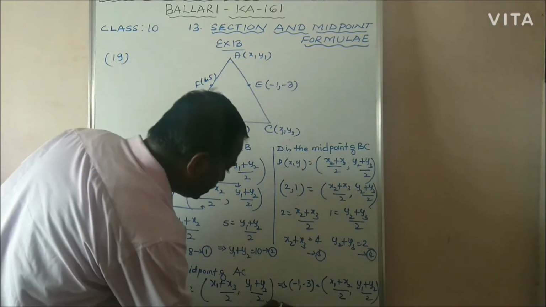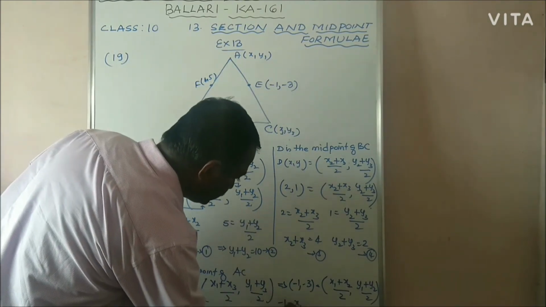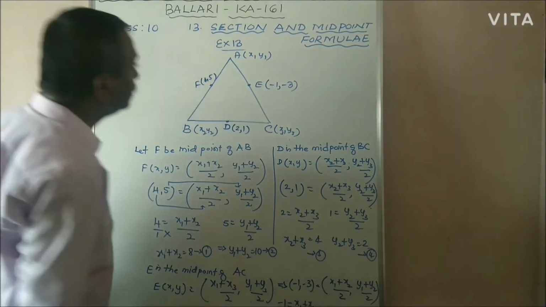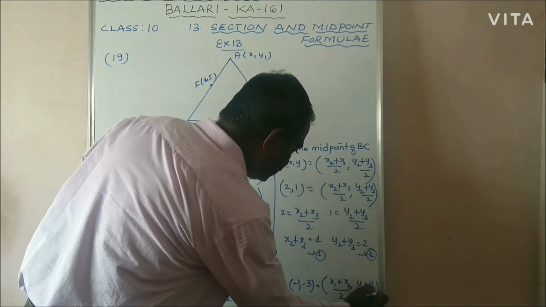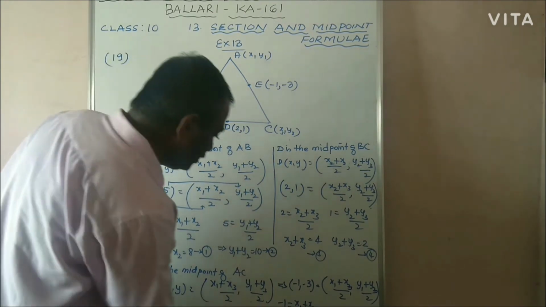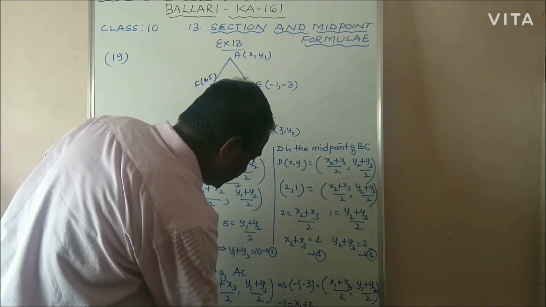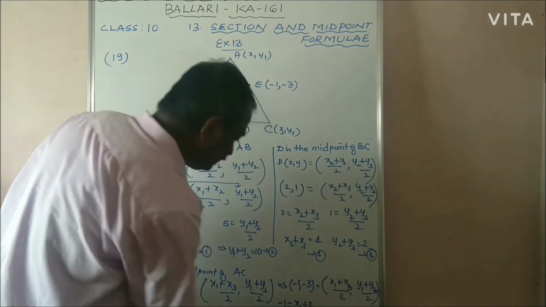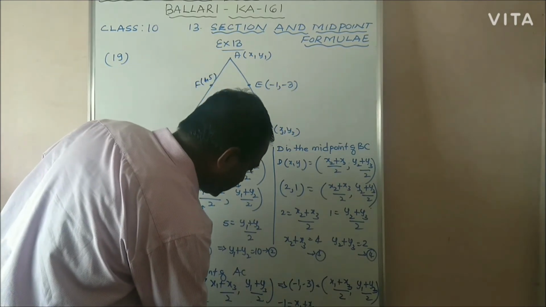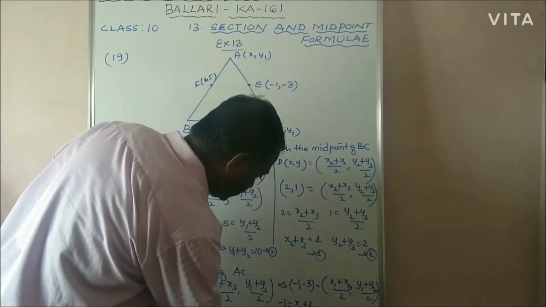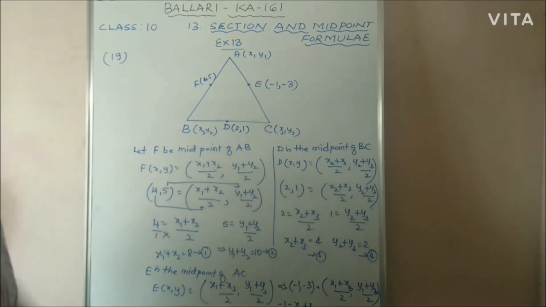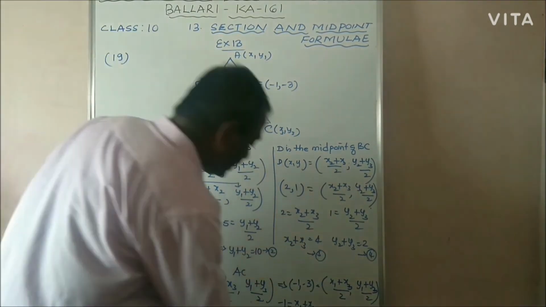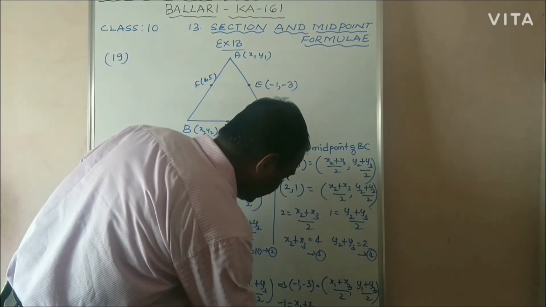Equate. Minus 1 is equal to x1 plus x3 by 2. This implies x1 plus x3 is equal to minus 2, equation number 5.